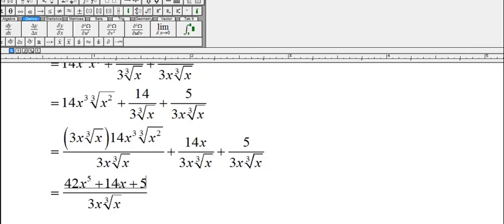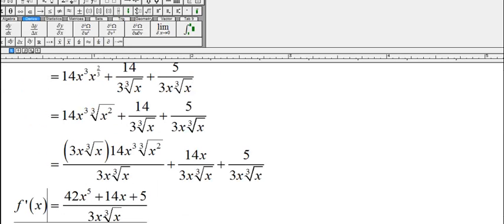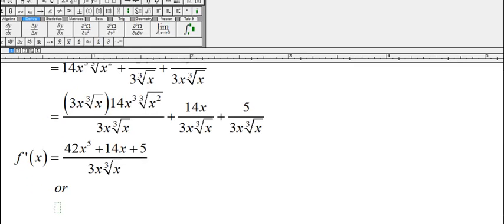Now maybe if we'd done the quotient rule, we might have gotten there a different way, but we should have gotten the same answer. Let's do it with the quotient rule.